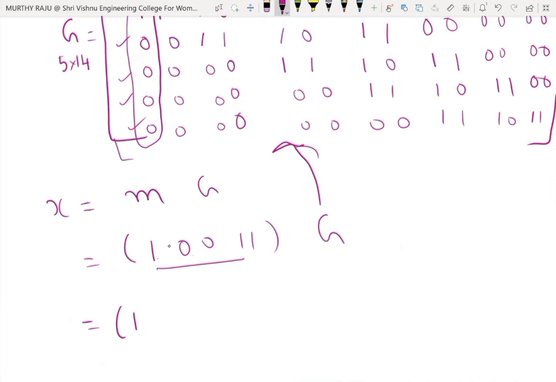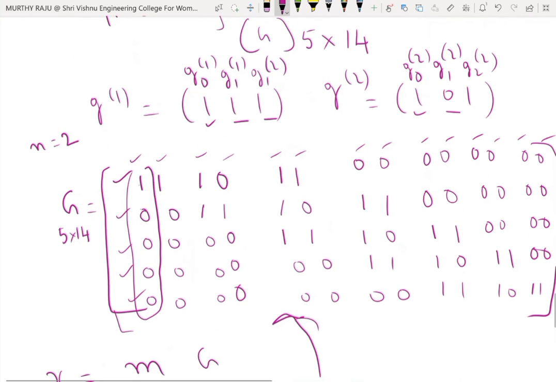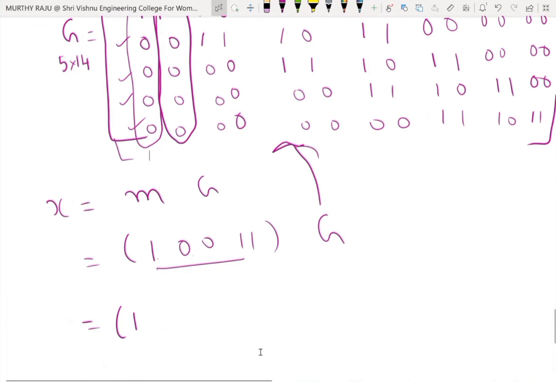One. Next, second column is multiplied with 1 0 0 1 1. Again, the value is 1.